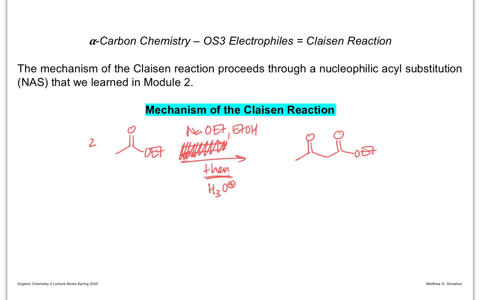So some of these arrows are in equilibrium, but we get to a point where it's not an equilibrium anymore. And that's why it's a one-way street after that.